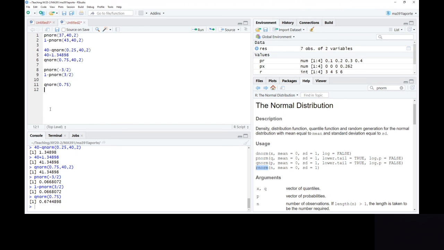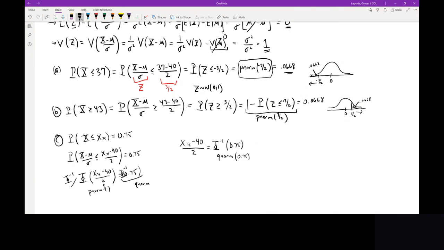So I'm getting 0.6744898. All right, come back out, go into OneNote, and so our answer to this, so this was 0. Where did I put it?